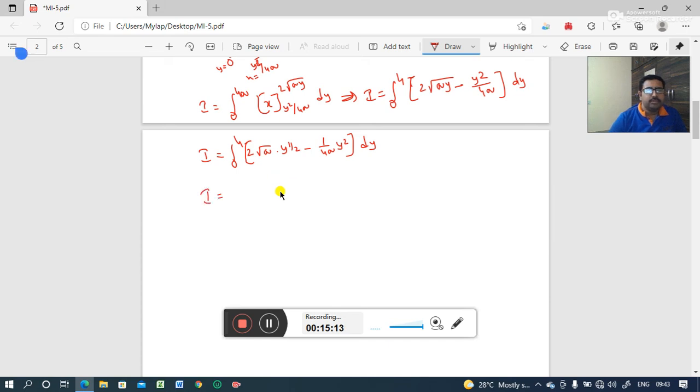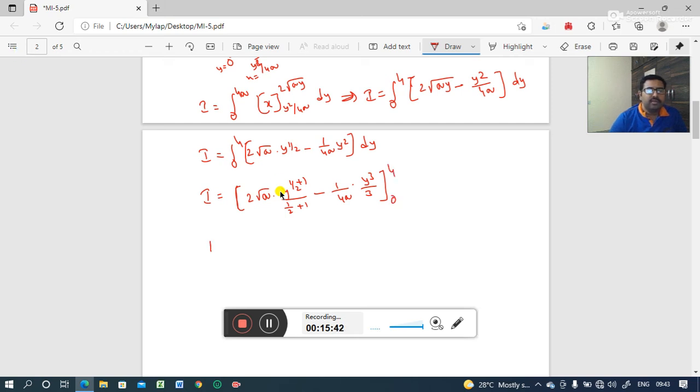So I is equal to 2 into square root of a, which is constant, times the integration of y power 1 by 2, which is y power 1 by 2 plus 1 divided by 1 by 2 plus 1, minus 1 by 4a which is constant, times the integration of y square, which is y cube by 3, and the limits are from 0 to 4.